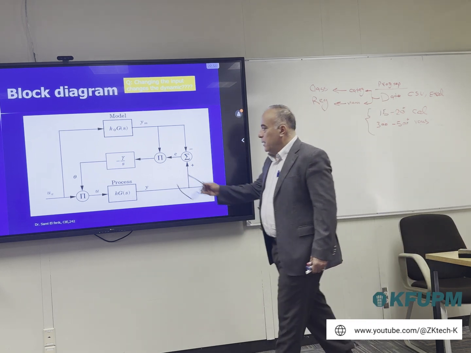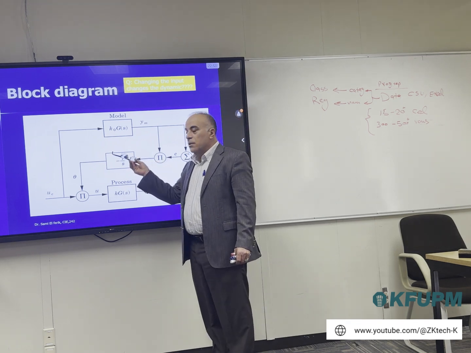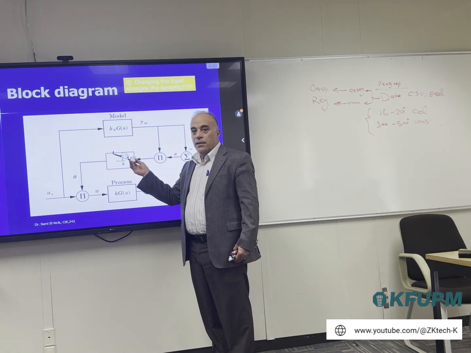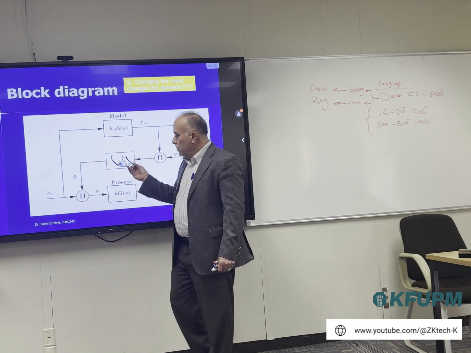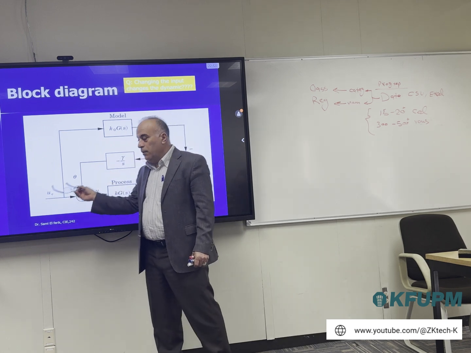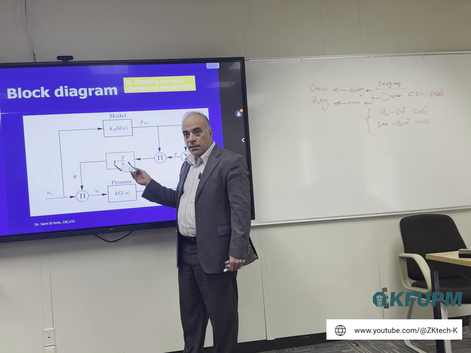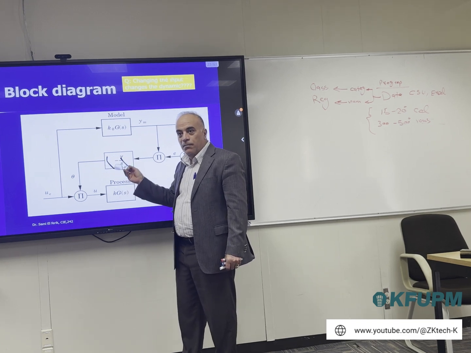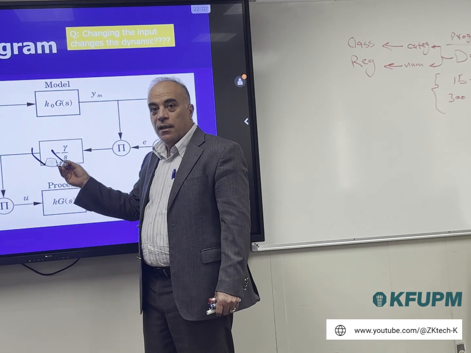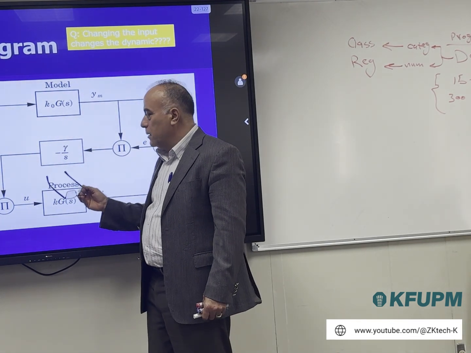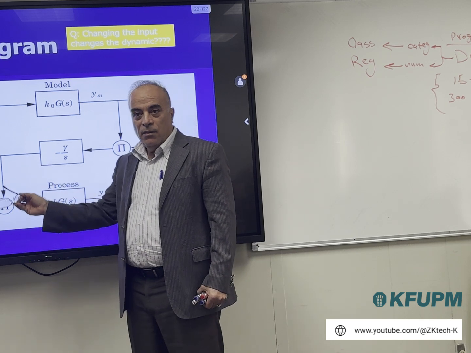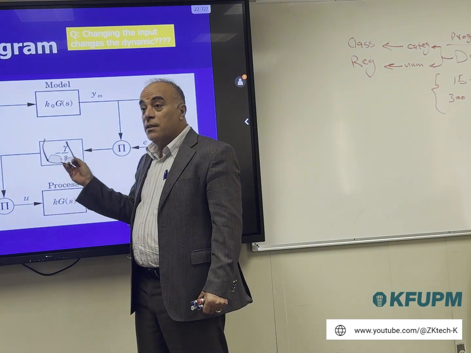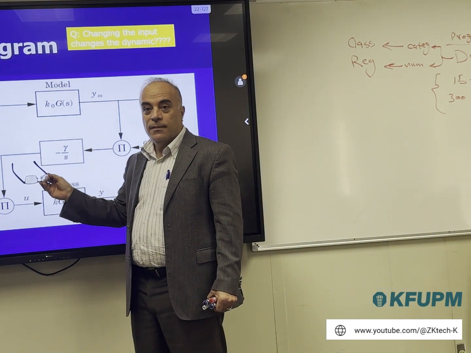So basically this one controls the speed of adaptation. But by changing the input, I found out this one can also stabilize the system. So I will make it lower. Making it lower means that I'm making adaptation slower. So there is always a compromise between what we call robustness and the speed of adaptation.